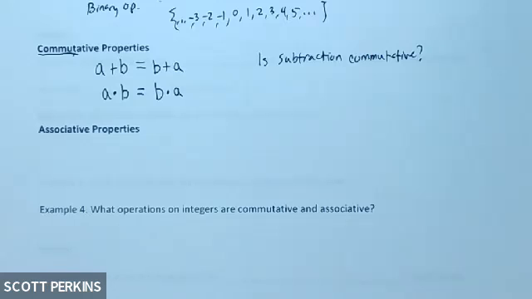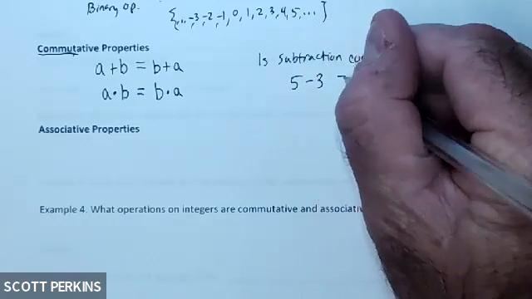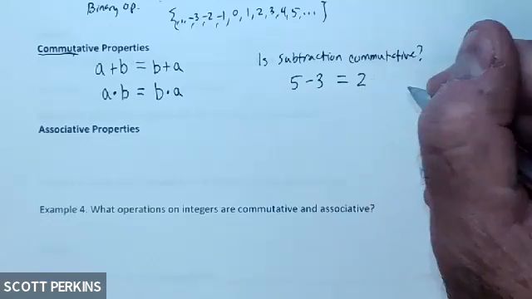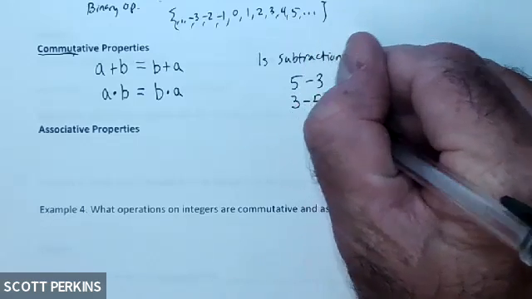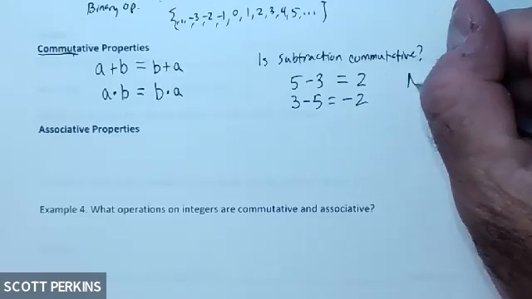Go ahead. Well said. Excellent example. There is the definitive example of why we know right away subtraction is not commutative. If I take 5 minus 3 and then flip it around, 3 minus 5, those are completely different things. And so subtraction is not commutative.